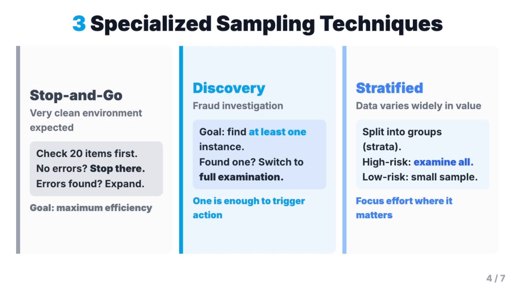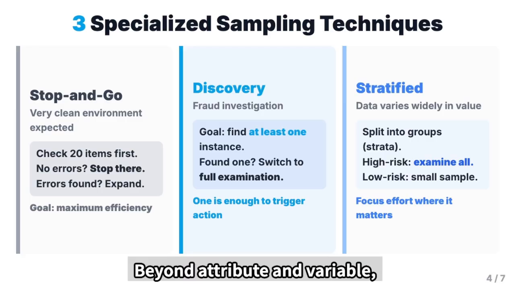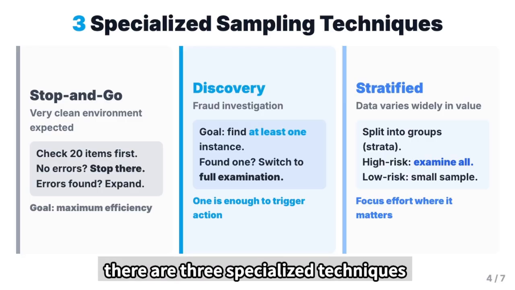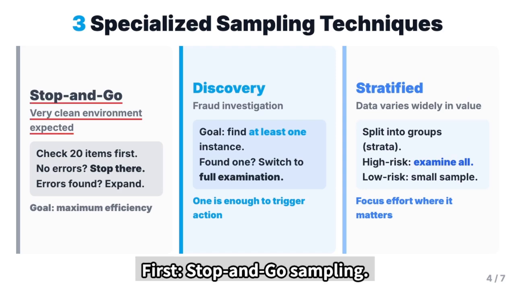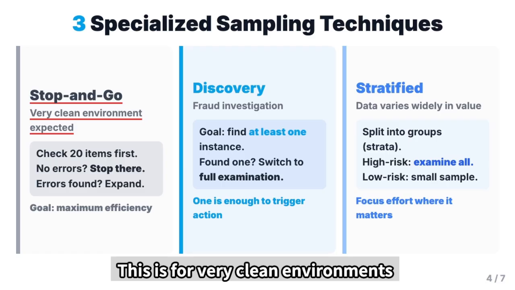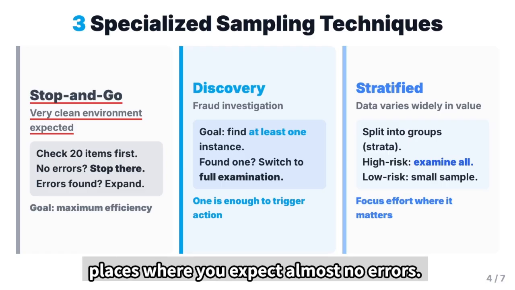3 specialized sampling techniques. Beyond attribute and variable, there are 3 specialized techniques, and each one fits a specific situation. First, stop-and-go sampling. This is for very clean environments, places where you expect almost no errors.